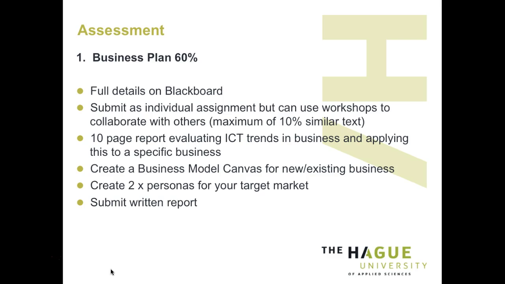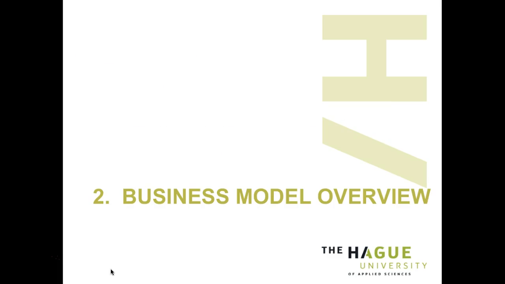It's a 10-page report in which you will be evaluating the ICT trends in business, as well as creating a business model canvas and personas, which represent the target market of your business. You'll be submitting the written report on Blackboard.